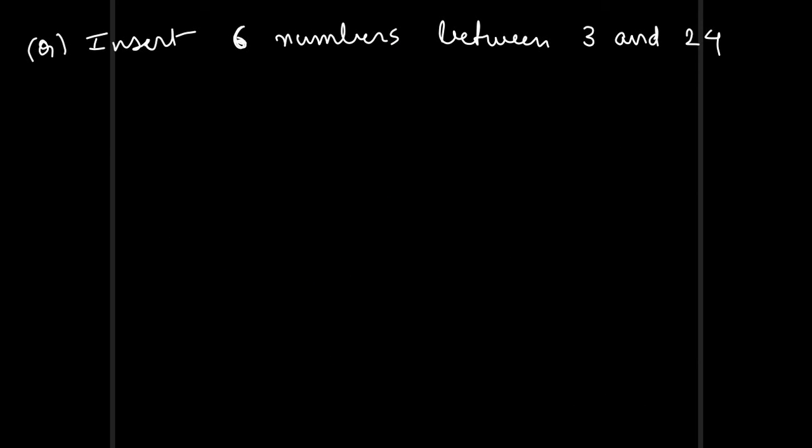So let's say we have to insert 6 numbers between 3 and 24 such that the whole series, or the whole sequence, will be in AP. So as we know, 3 will be the first one and 24 will be the last one, and we have to insert 6 numbers: A1, A2, A3, A4, A5, and let's say A6.